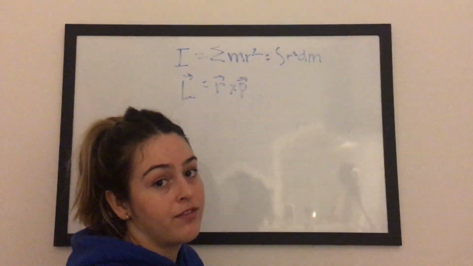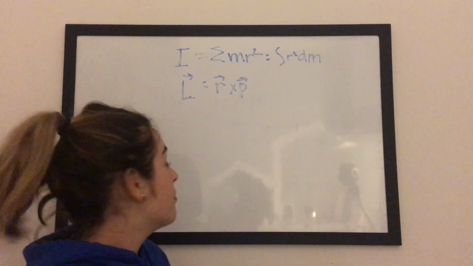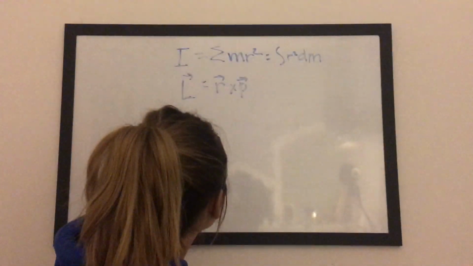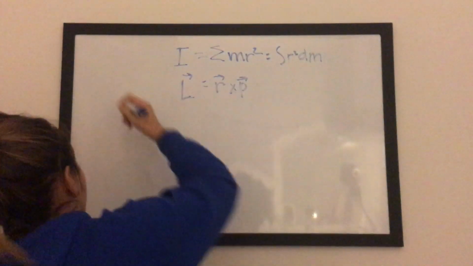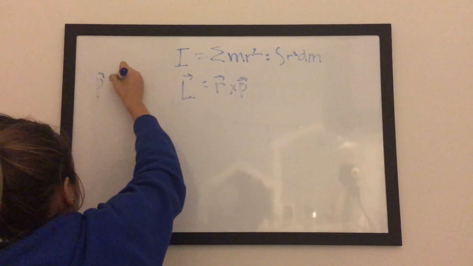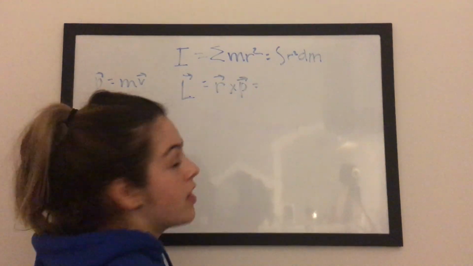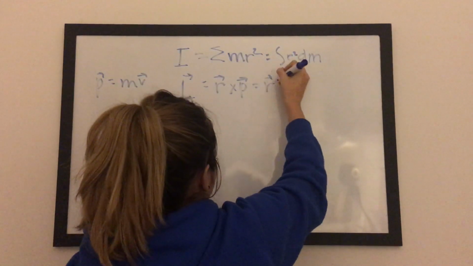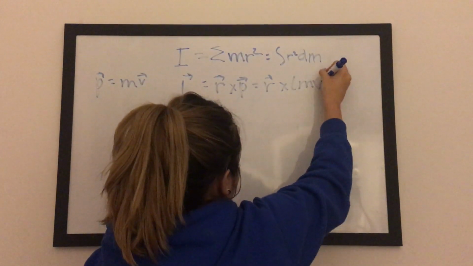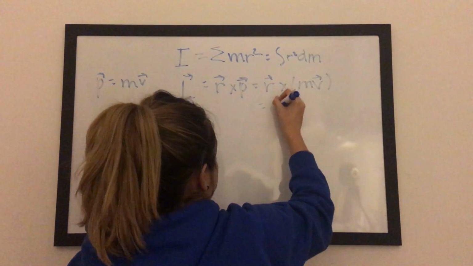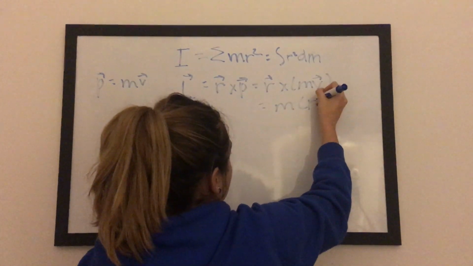There are two other ways of writing this formula, which essentially root from the idea that momentum is equal to mass times velocity. So I'm going to go ahead and write them down right here. They are r times mv, which can also be rewritten as m times r.